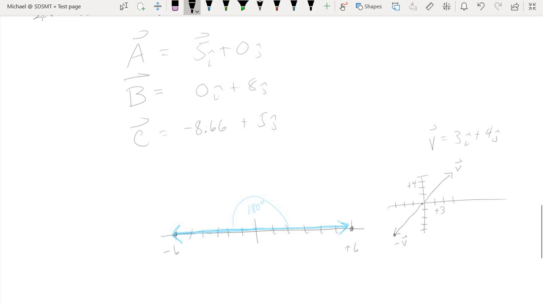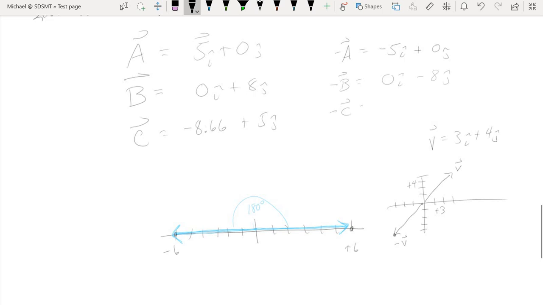The vector -a would be -5i hat plus 0. Okay, 0, there's nothing there, so 0 can't be positive or negative. The vector -b will be 0 minus 8j hat.